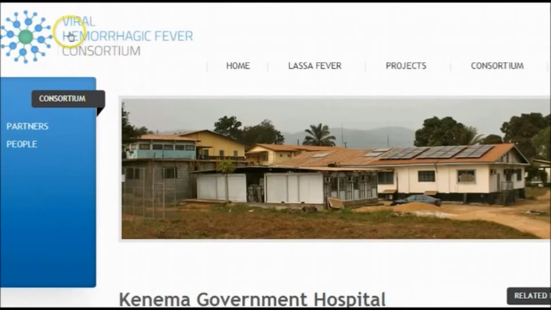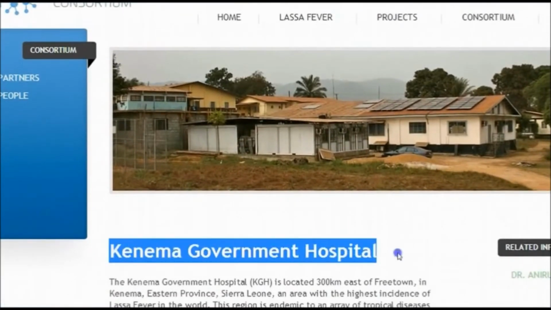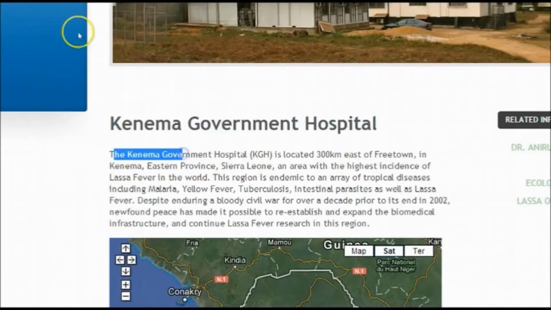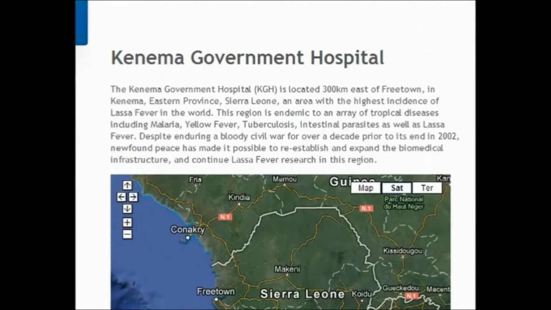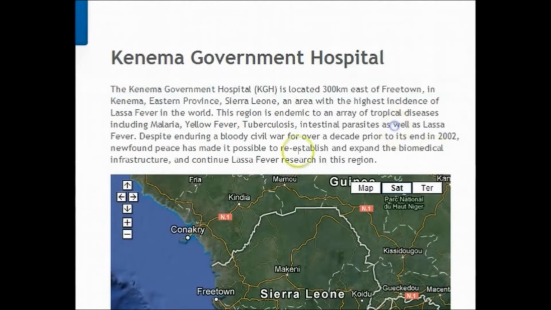And now here we are at the Viral Hemorrhagic Fever Consortium. And there's a link. I'm going to leave a link. Kenema Government Hospital. Lovely. The Kenema Government Hospital, or KGH, is located 300 kilometers east of Freetown in Kenema, Eastern Province, Sierra Leone, and had the highest incidence of Lassa fever in the world.